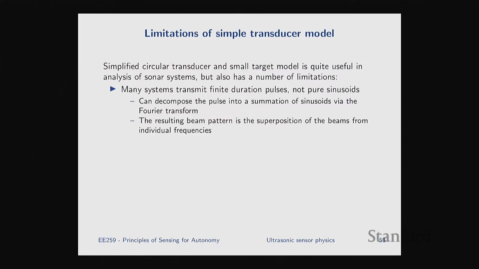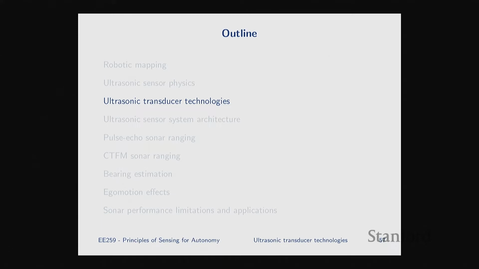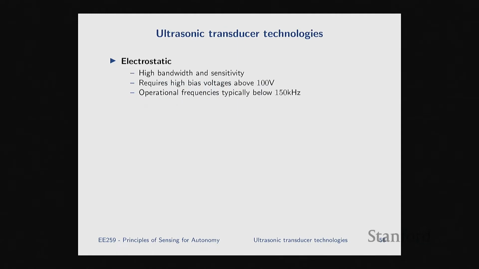So now we know the physics. Let's talk a little bit about the transducers, the emitters and receivers that are used. There are different technologies used to build these transducers. Specifically, there are three main types used for sensing. One is called electrostatic. These are pretty high bandwidth and have good sensitivity.